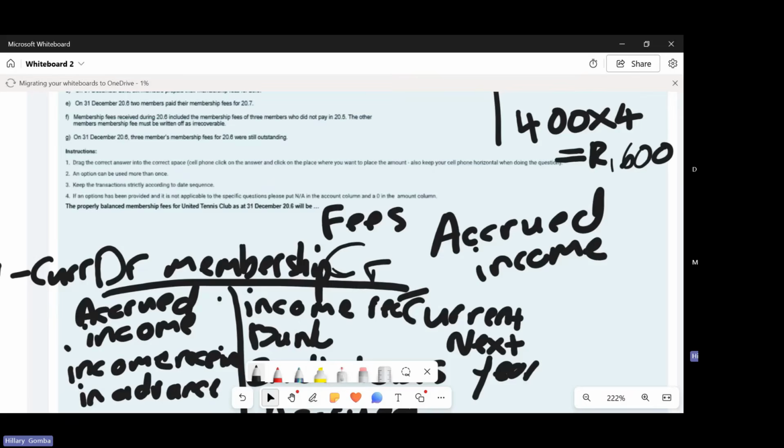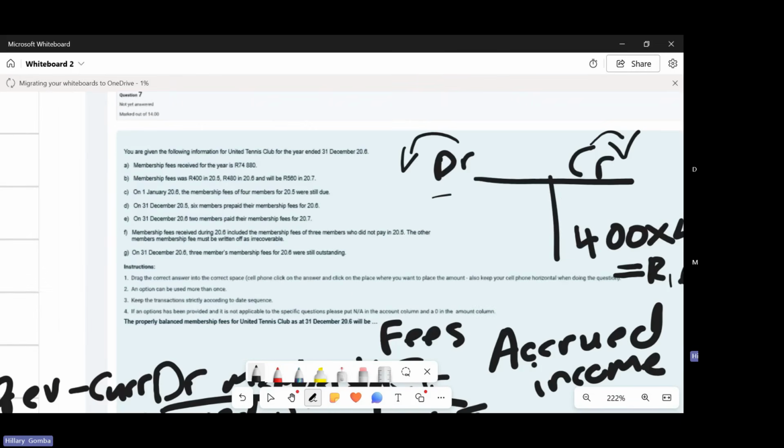So now let's go to the questions so that I can show you. We said on the first one that on C, it was saying on 1 January 2026, the membership fees of 4 members for 2025 were still due, which means this is an accrued income. Do you all agree? Because we're in 2026. So this client was supposed to pay us for previous year, but they did not.